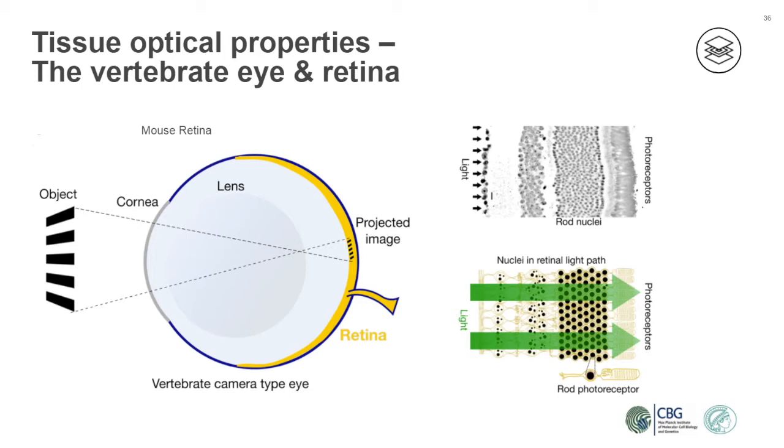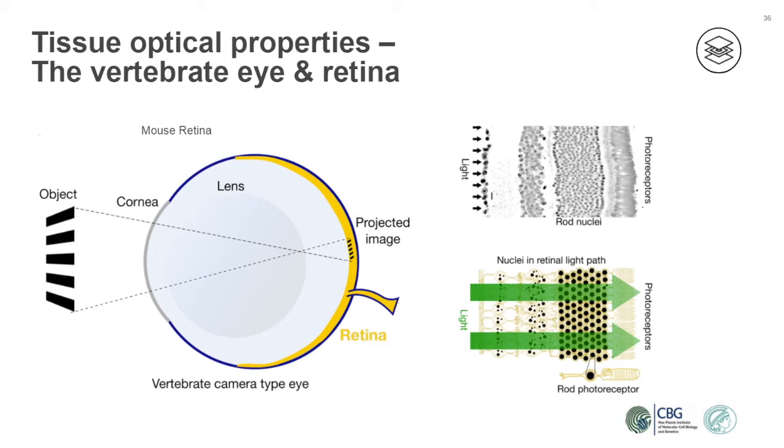And especially in case of the vertebrate retina and the vertebrate eye, which is a camera type eye with the lens projecting the objects from the visual field onto the retina, which acts as an image screen. The stratification of the cell layers is itself intriguingly different, such that the light actually has to pass through hundreds of microns of neuronal tissue before being detected by the photoreceptors, as you see onto the right.